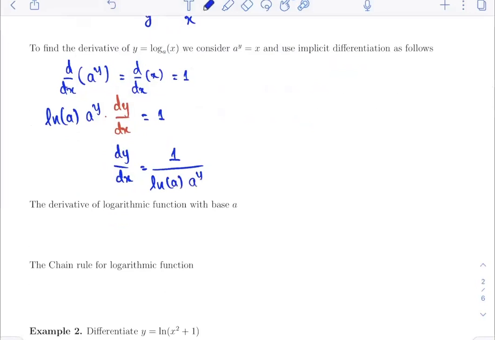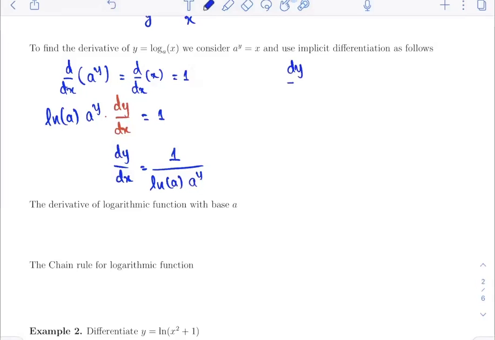However, we are not done yet, right? Because the result is in terms of y, but we don't like that, right? We want the answer in terms of x only. So what we do is substitute y equal to log base a of x back into the result. So here's what we do.